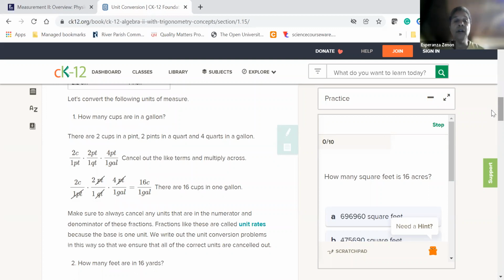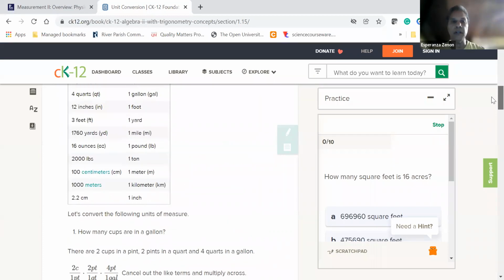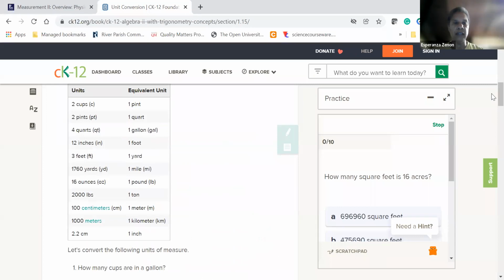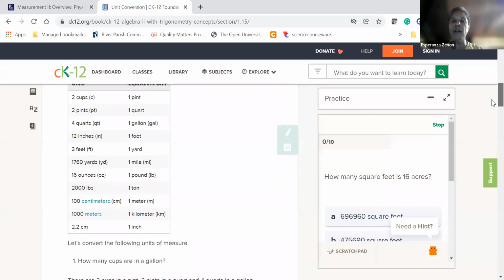So notice that on this conversion chart that they provided, which is a nice conversion chart, you do not have a conversion factor that goes directly from cups to gallons. That conversion factor is not provided. But what you do have is 2 cups equals a pint, 2 pints equal a quart, and 4 quarts equal a gallon. So you have to go through a multi-step process to get there.